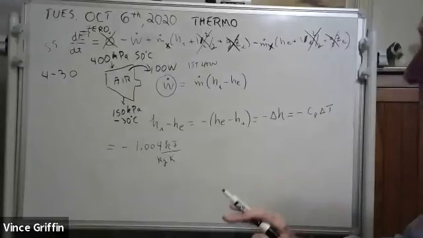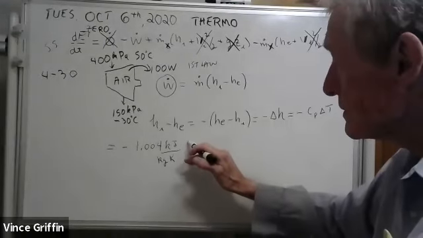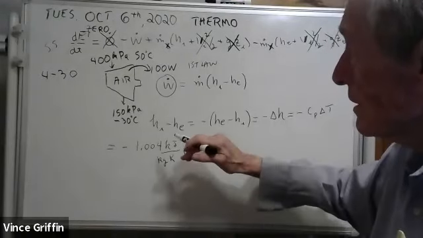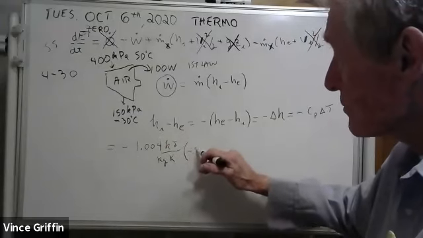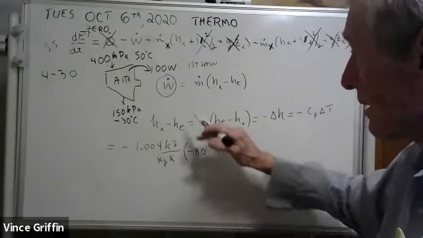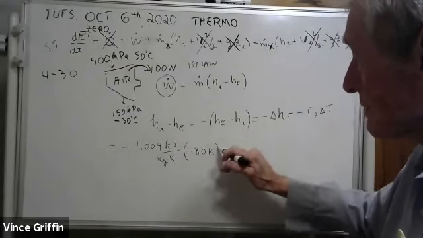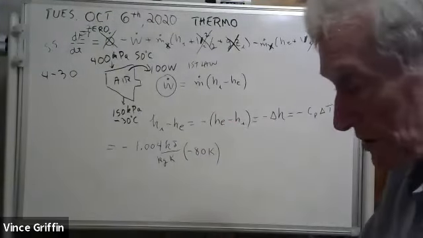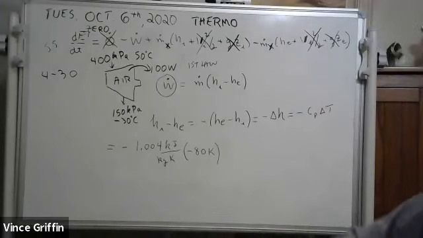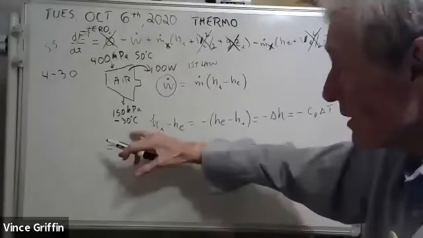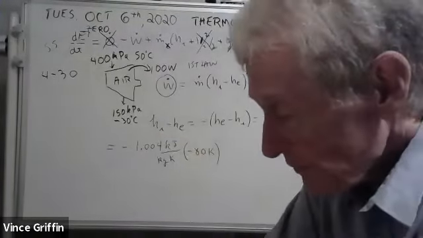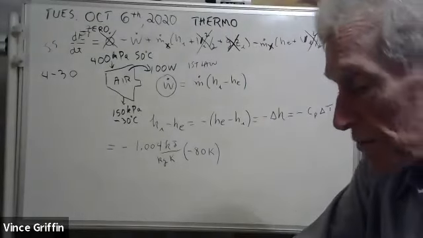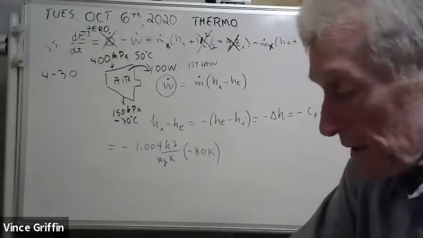And now we're going to do the change in temperature. Well, I'm getting a change in temperature of minus 80. Now, I know it's Celsius, but the change in Kelvin is the same as in Celsius. If you go from 50 to minus 30, you have a change in temperature that's negative.